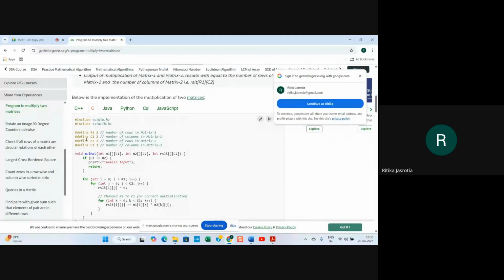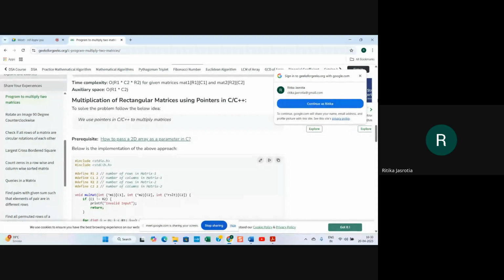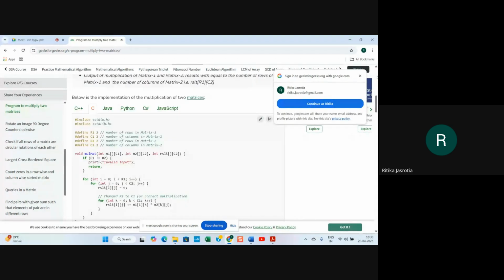So they have declared constant values for R1, R2, C1, C2, right? And then this is the function they have declared.